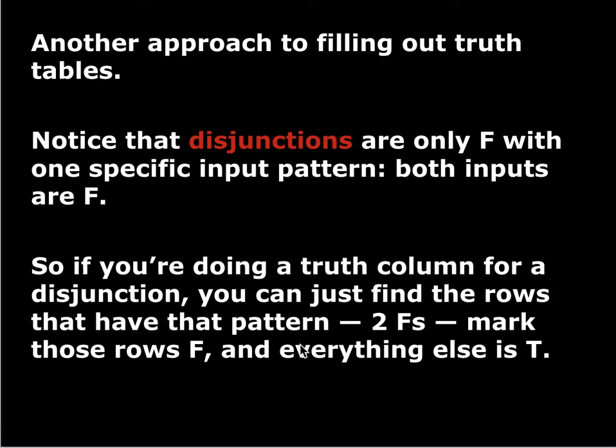Disjunctions are only false with one specific pattern. When both disjuncts are false, everything else is true. So if you're doing a truth column for a disjunction, you can just go down, you just find all rows where both disjuncts are false, you put an F there, and everything else is true.